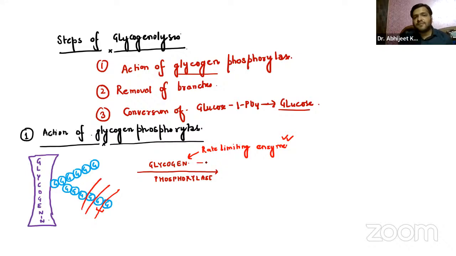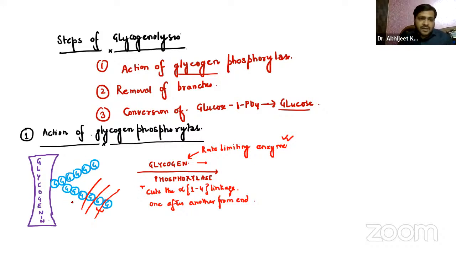So what is the first step it is doing? It cuts the alpha 1,4 glycosidic linkage, one after another from the end.